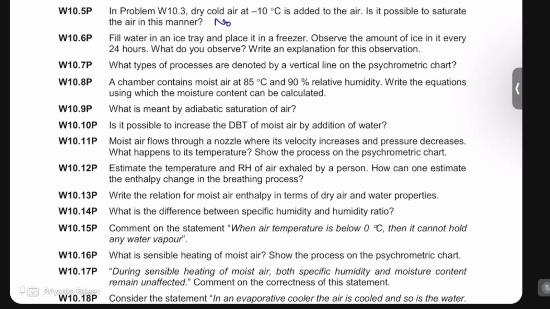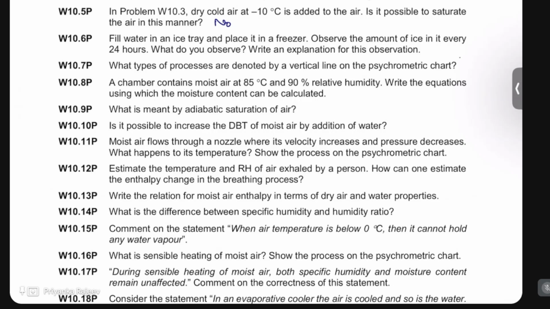Next is: what type of process is denoted by a vertical line on a psychrometric chart? Vertical lines on this chart are constant humidity ratio.